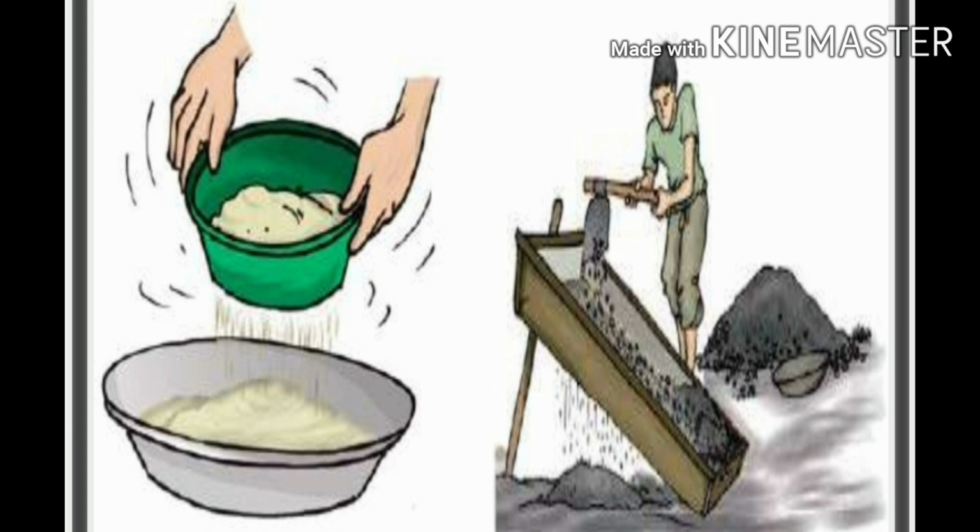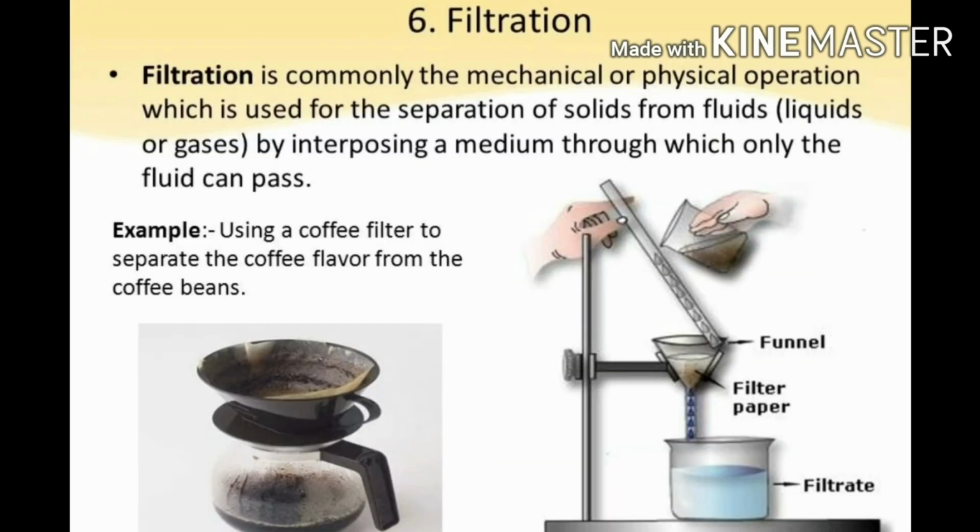Now, depending upon the size of the particles, sieves can be used to separate two or more different types of substances which are mixed together. If they are of different size, they can be passed through the sieve and they are collected as different heaps. Similarly, insoluble solid particles in a liquid can also be separated.